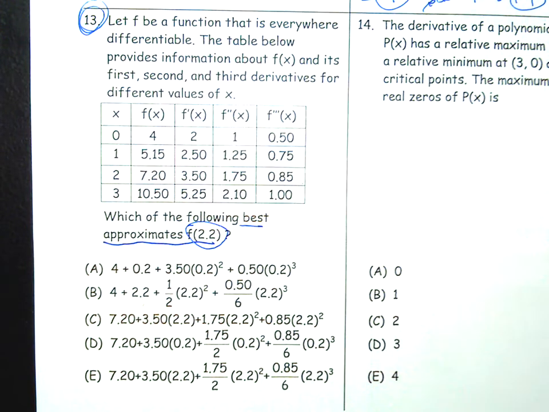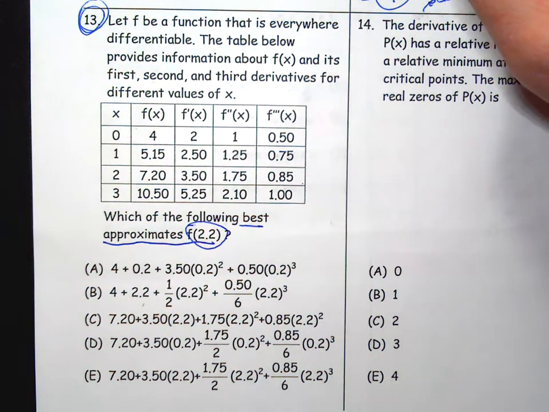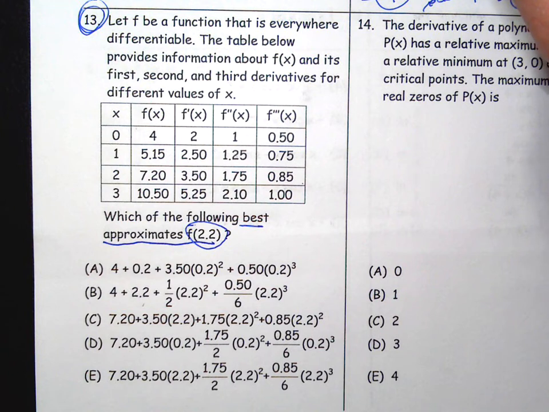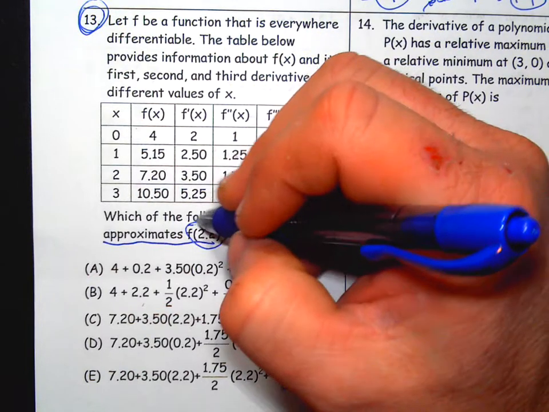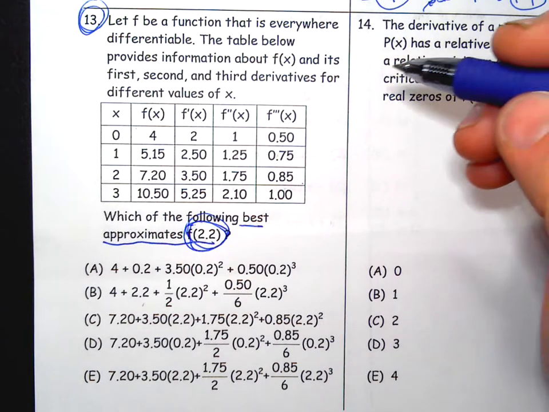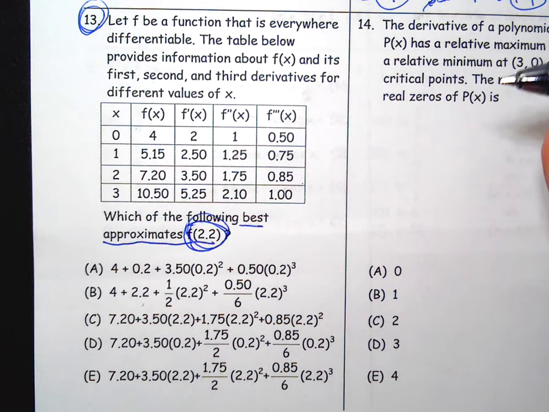Now look at those answers. What do those answers make you think of? Those look like series, right? So I think we're trying to do like a Taylor polynomial, right? So if we're trying to approximate 2.2, one question to ask yourself is, series converge, generally they have an interval of convergence around the center.